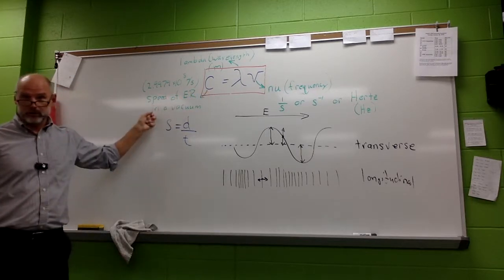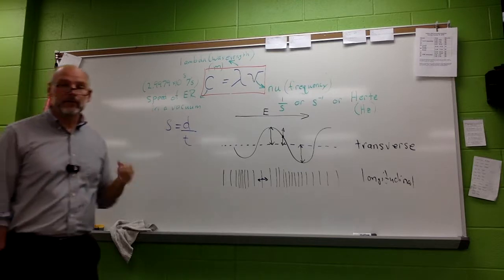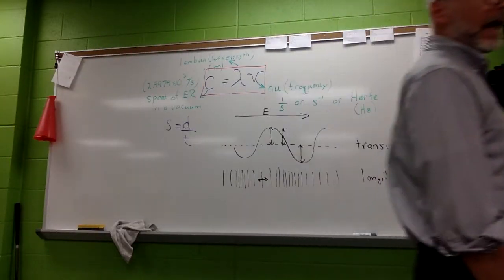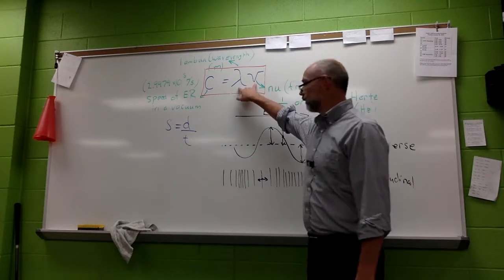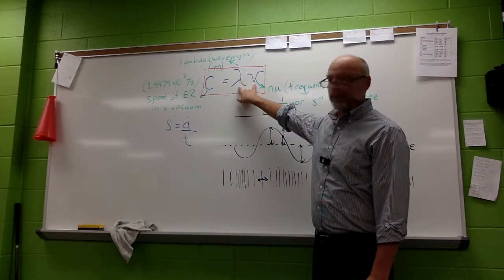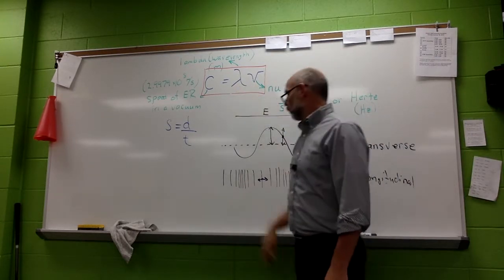It's always this. So no matter what type of electromagnetic radiation you have, it all has the same speed. What does vary? The frequency and the wavelength.